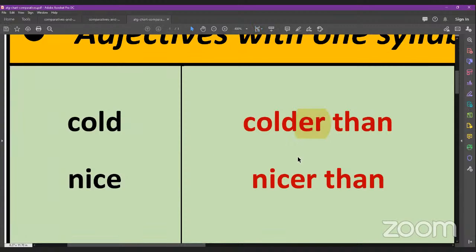This is the suffix. Cold, colder than. Colder is the comparative. Colder, colder than. The letters ER are the comparative suffix.